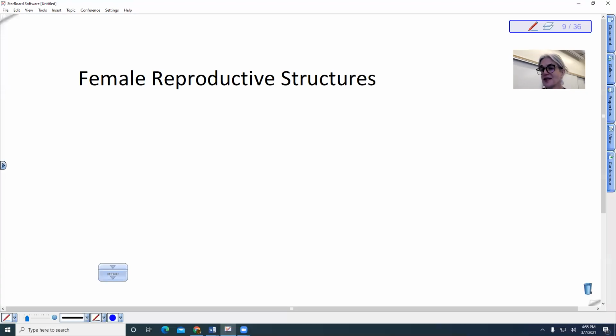So in the females, the gonads are the ovaries. And this is where oogenesis occurs.